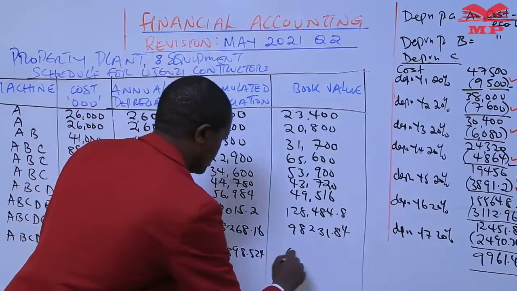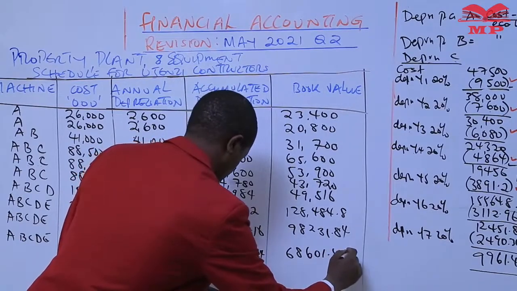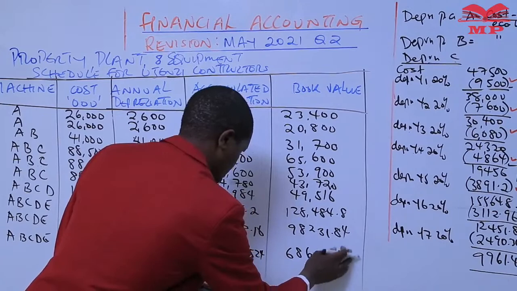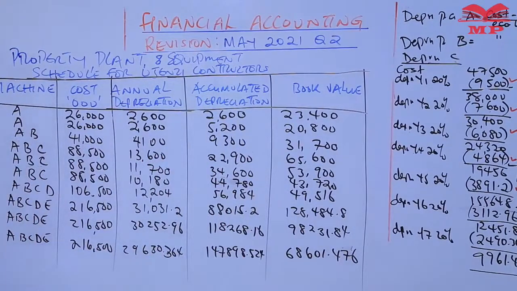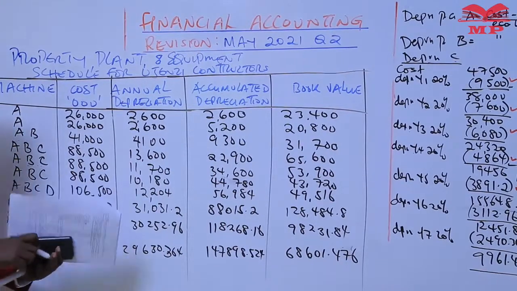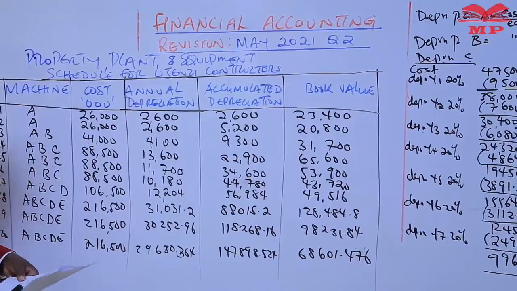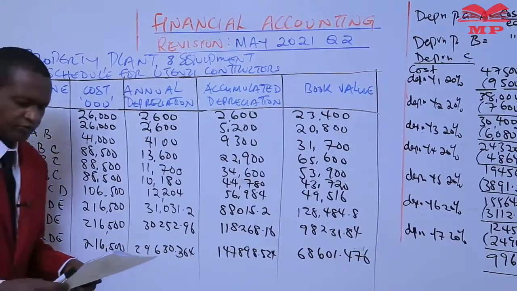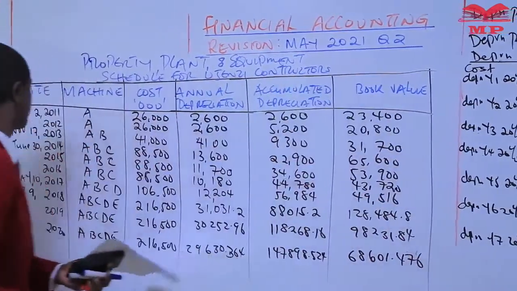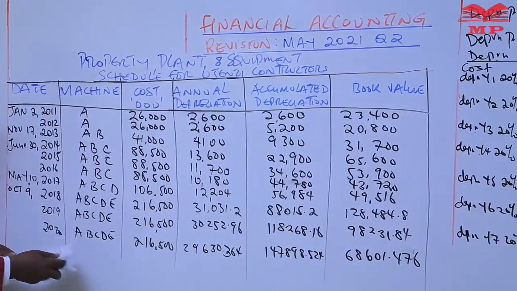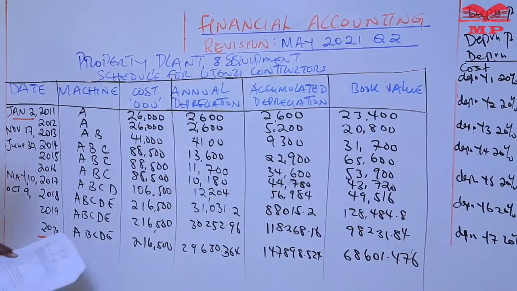So the book value is 68,601.476. That is the property, plant and equipment for Ujenzi contractors from 1st of January to December 2020.